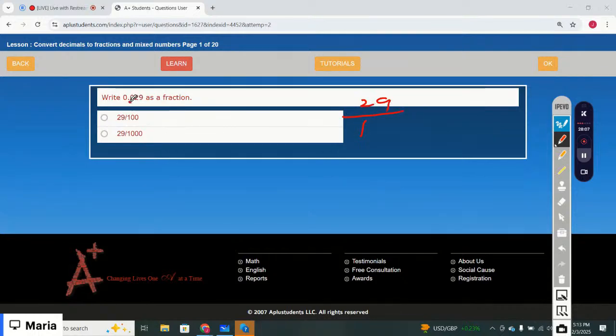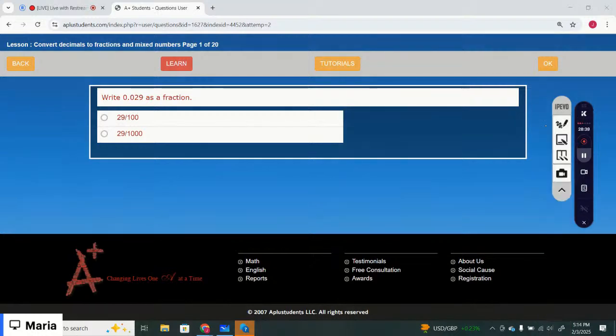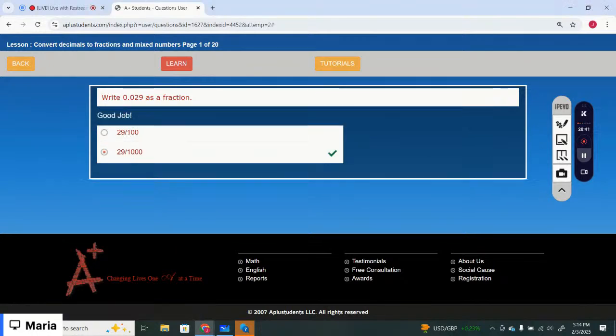We need to count the decimal places, 1, 2, 3 decimal places, add 3 zeros. So that is 29 over 1000, which is the correct option.